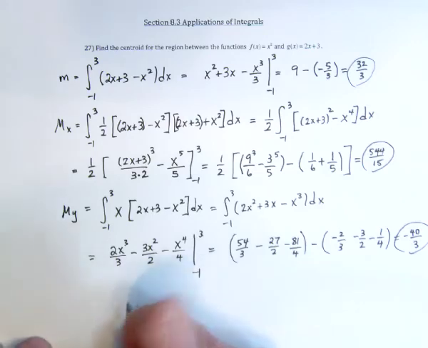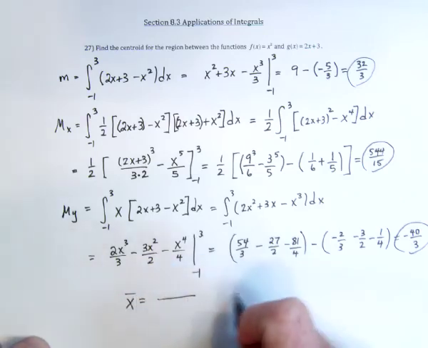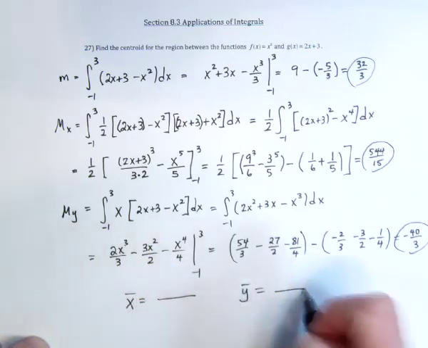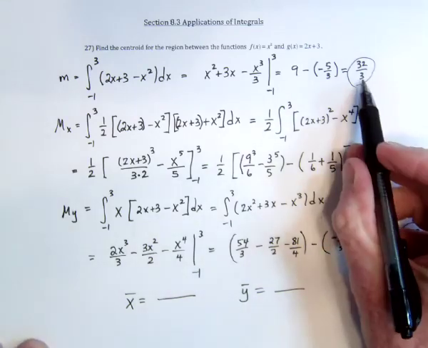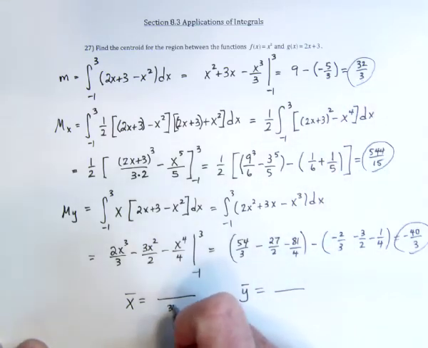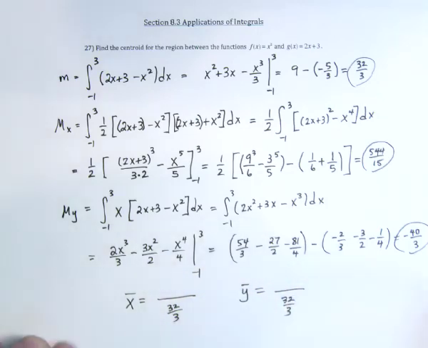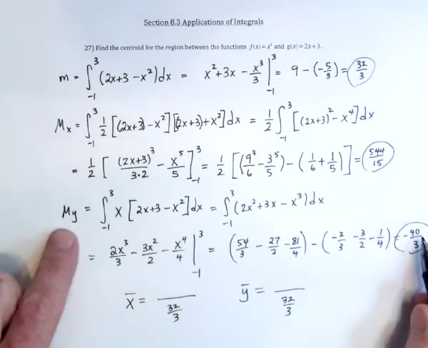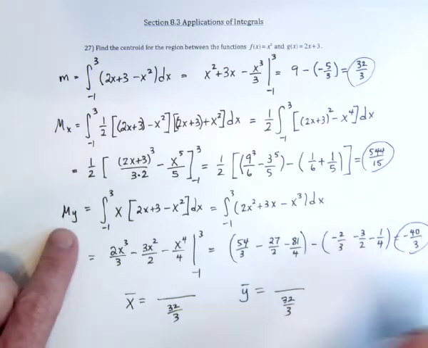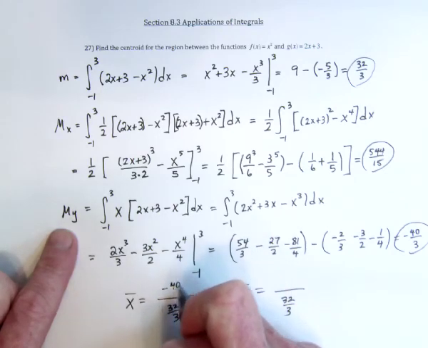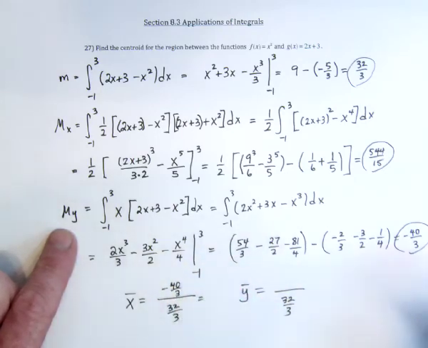Okay, so then we need x bar and y bar. They both get divided by the total mass. x bar actually comes from the moment about the y, so negative 40/3. Actually, the thirds are going to cancel. We just need 40 divided by 32.